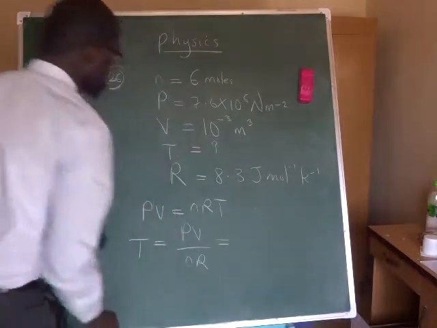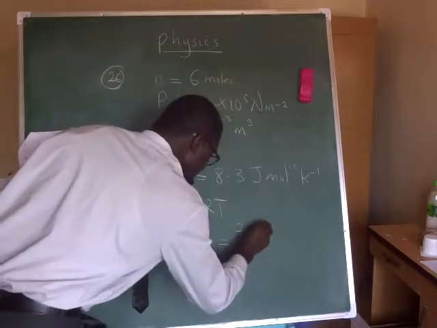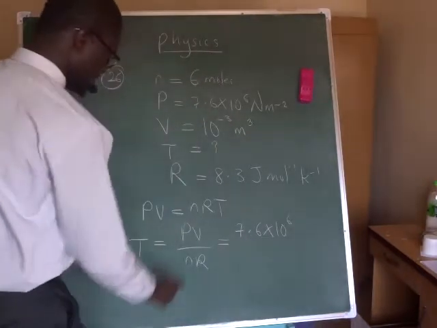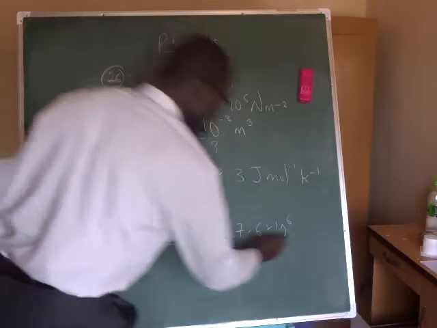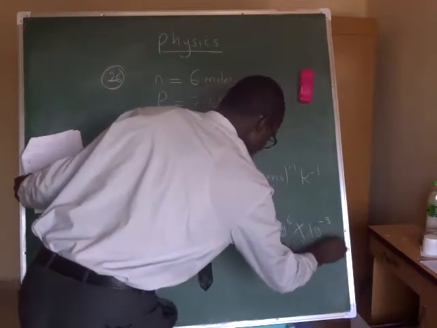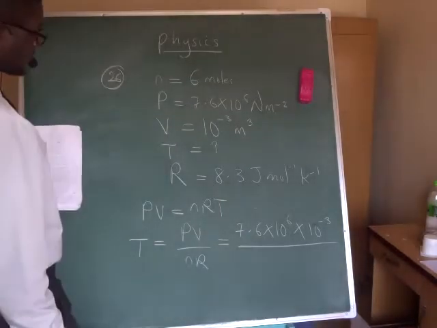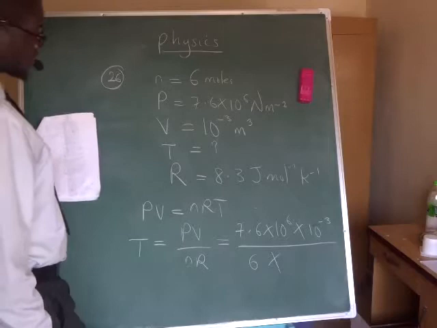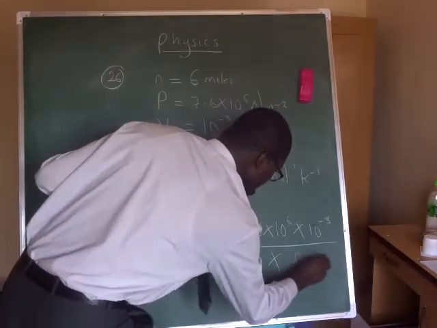My pressure is 7.6 exponential 6, my volume is exponential minus 3, all upon my number of moles, 6, multiplied by my constant, 8.3.